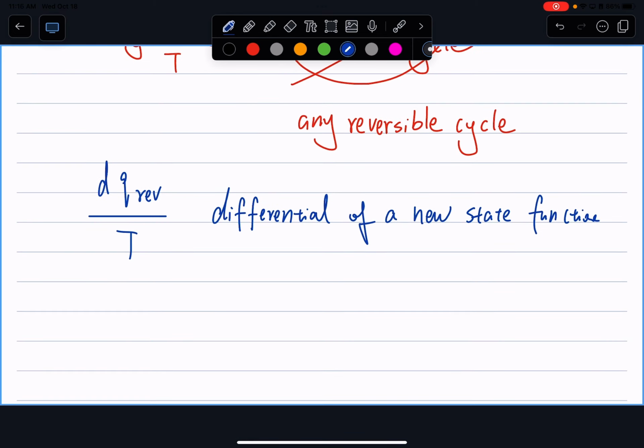And again, when we're saying it's a state function, please refresh your memory on what are the state functions we talked about, like internal energy, enthalpy, or the product of PV, temperature, and so on. So the other way to put it is dS, which stands for entropy, equals dq reversible over T.